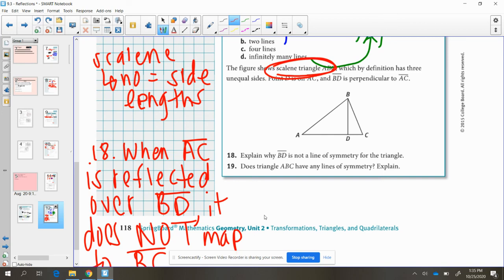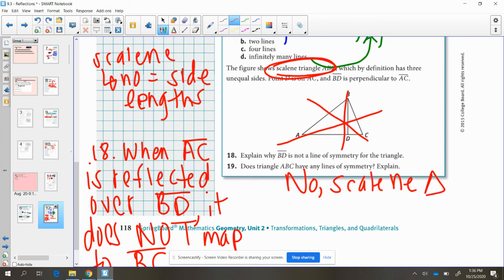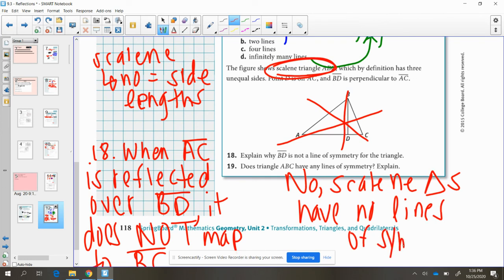So no matter where we try to draw a line of symmetry in this one, it's not going to work. None of these are going to map so that any of them are actually symmetrical. So does this have any lines of symmetry? No. Scalene triangles have no lines of symmetry.